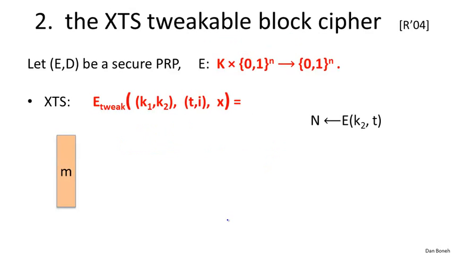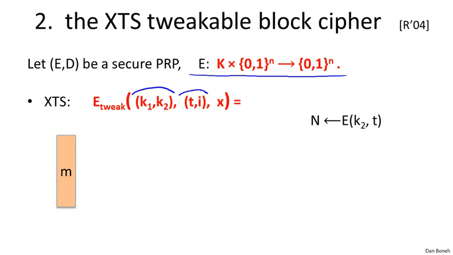So I want to show you a nice example that shows that we can actually do better. This is called the XTS construction. It's actually originally based on a mode called XEX due to Rogaway. And it works as follows. Suppose you give me a regular block cipher that operates on n-bit blocks, not a tweakable block cipher, just a regular block cipher. We're going to define a tweakable block cipher. This tweakable block cipher is going to take 2 keys as input.